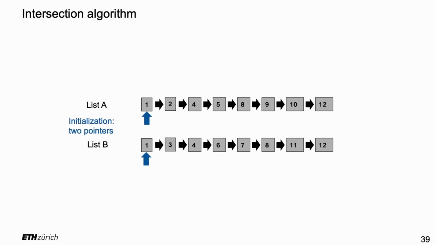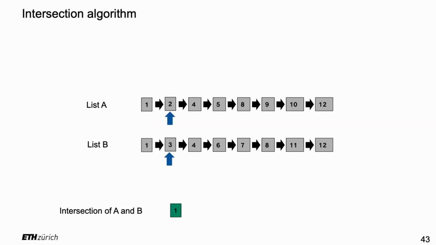We start at the start and then we check if these are the same, and in this case they are, so we pick it as part of the intersection and we advance. And here they're not the same, so then we have to advance the smaller one, the top one, further, and then still not the same, the smaller one is now the bottom, so we advance that, and then we are again in a situation where they are the same, so we pick it for the intersection and we advance both.